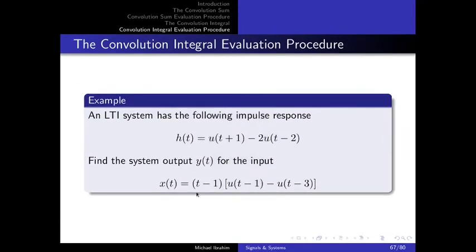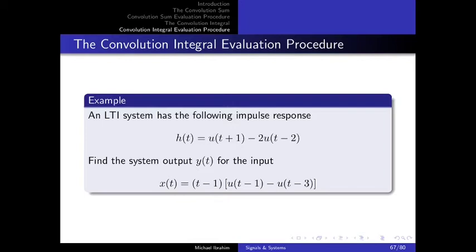The input has the form x of t equal to t minus 1, which is a straight line, times u of t minus 1 minus u of t minus 3.